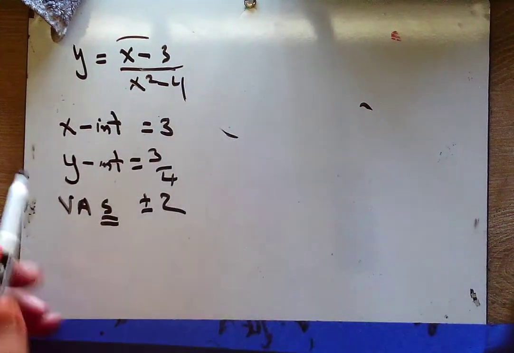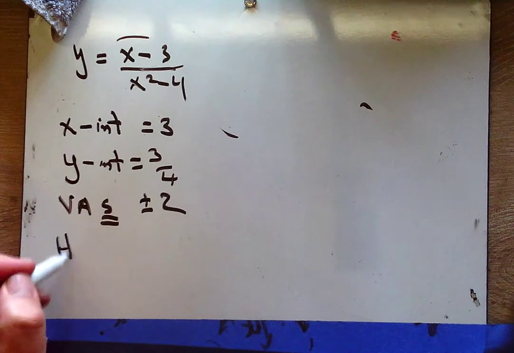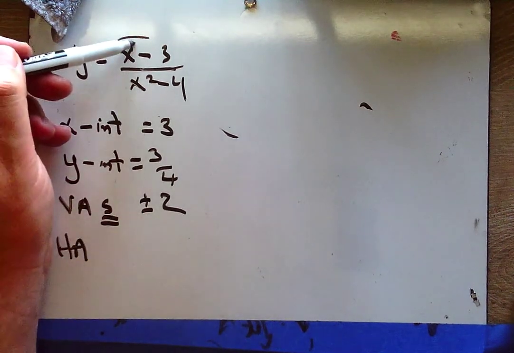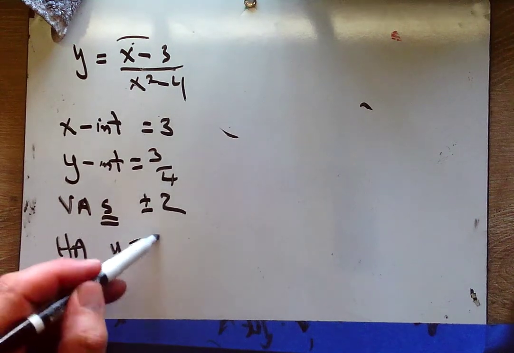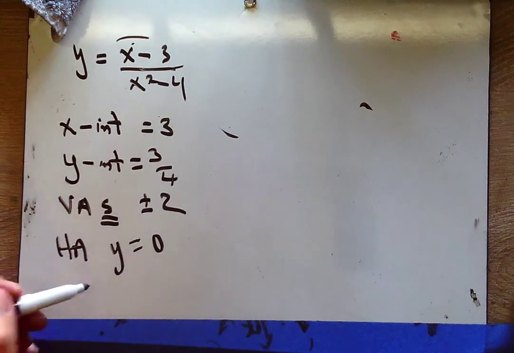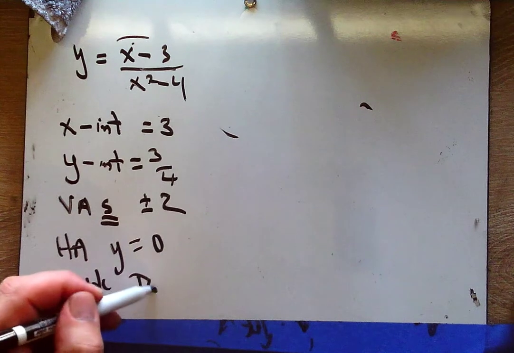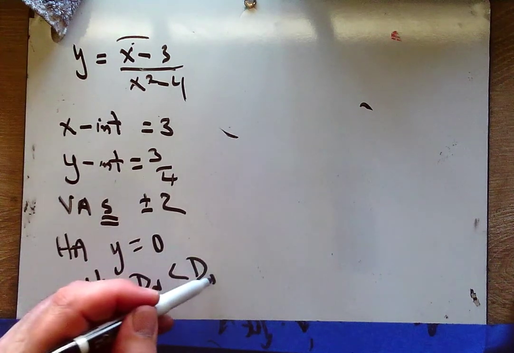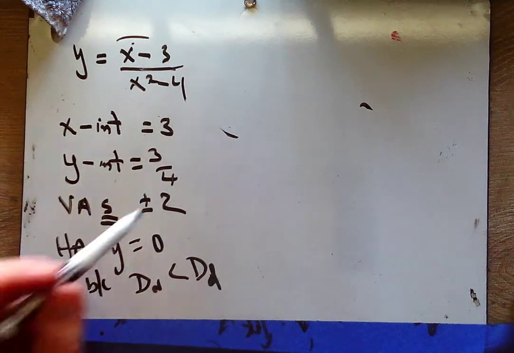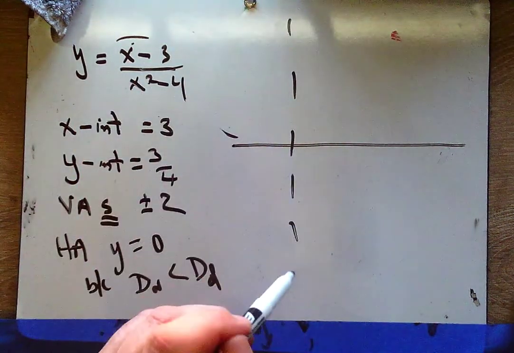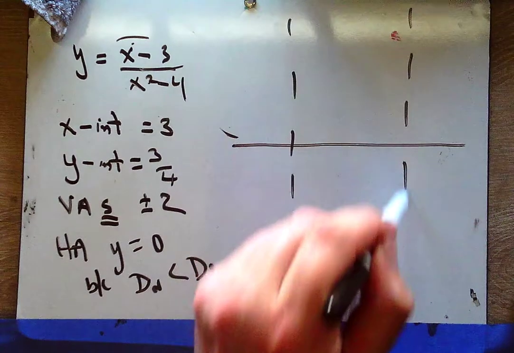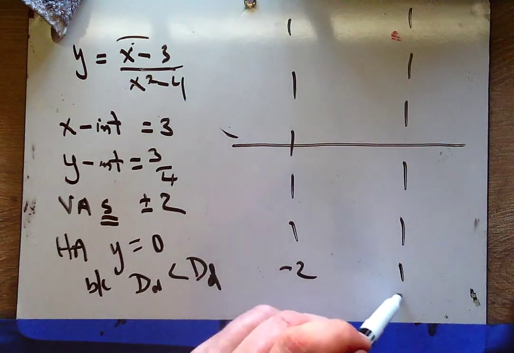All right, so we've got our vertical asymptotes. What about a horizontal asymptote? The degree here is 1, the degree here is 2, so we know y equals 0 is the horizontal asymptote because the degree of the numerator is less than the degree of the denominator. So let's graph what we know. We know we have vertical asymptotes at -2 and at +2.